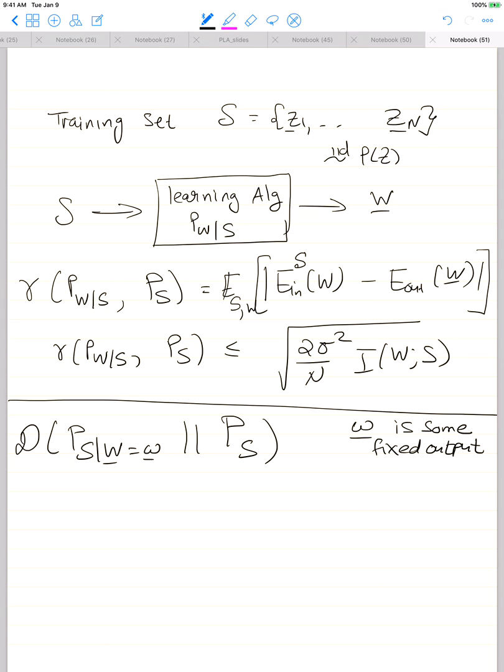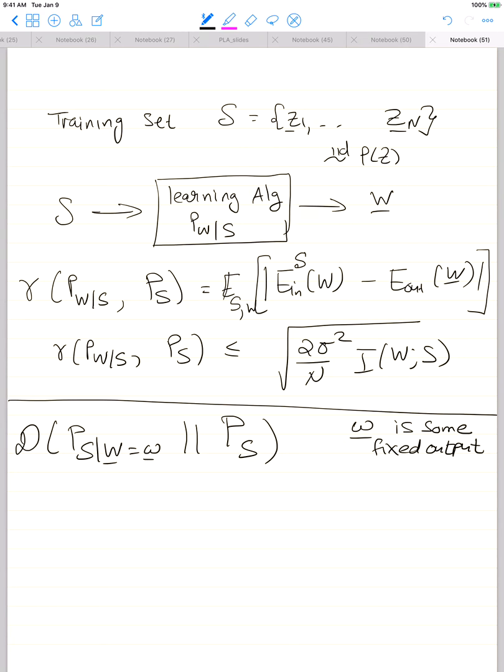So we fix some output w, and we look at the relative entropy between the conditional distribution of S given W and PS, which is an IID product distribution. We want to apply the Donsker-Varadhan lemma to this quantity.